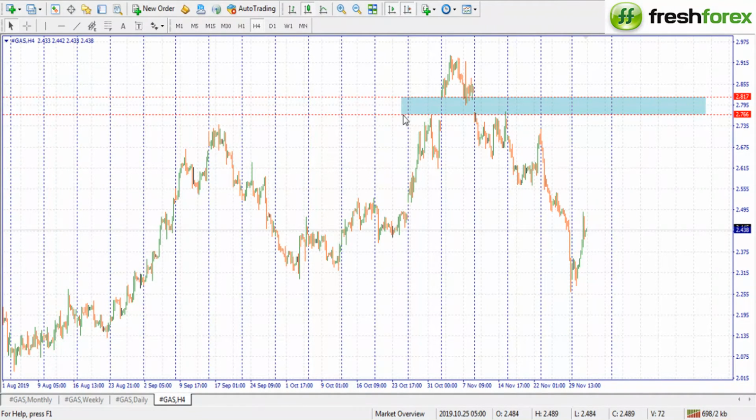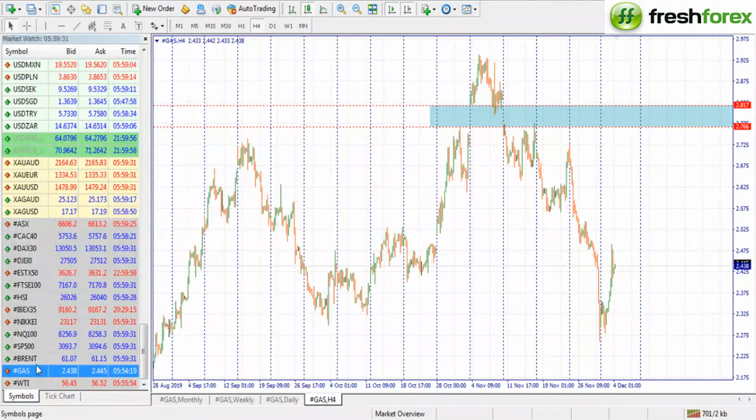This will give us the correct place to actually look for a sell from. So we want price to pull back up. If it does not break above somewhere around 2.555, then the next best place to sell from is 2.817 or 2.766. So that should be the end for gas.